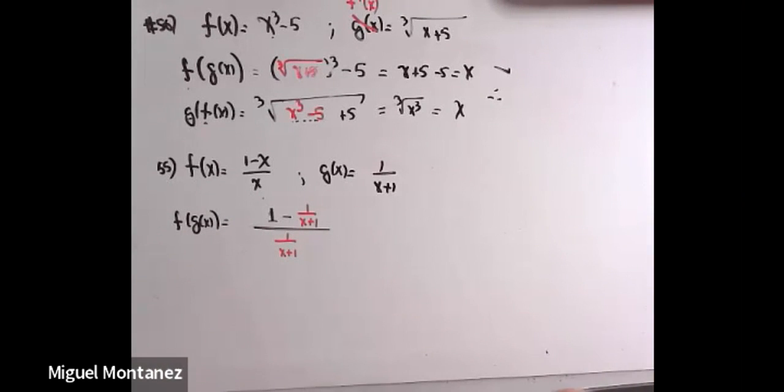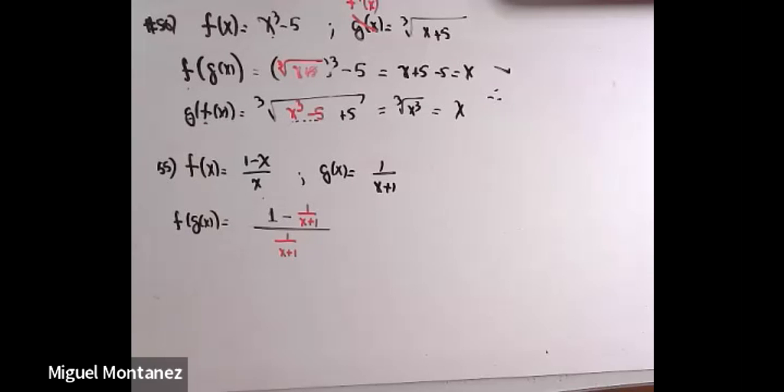We are very, very familiar with this type of problem. Of course, what we need to do, this is a complex fraction. So we need to multiply by the least common denominator to convert the complex fraction to just a simple fraction. So let's go ahead and multiply by the LCD, top and bottom.